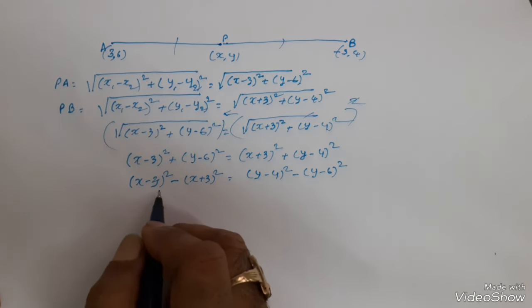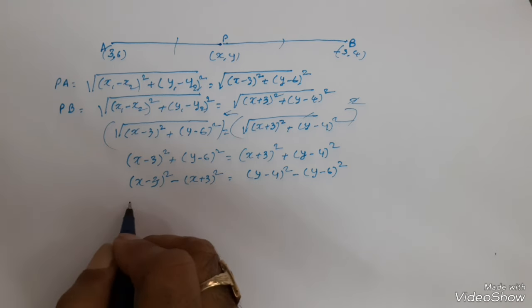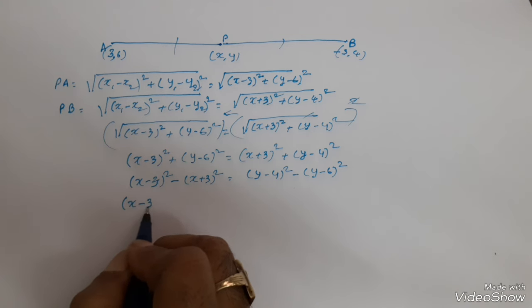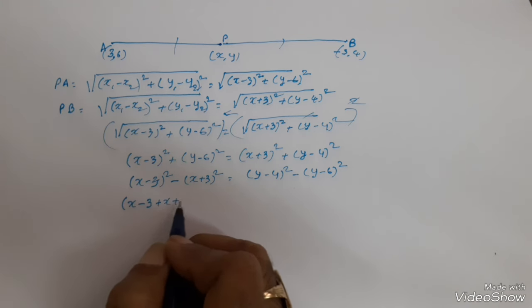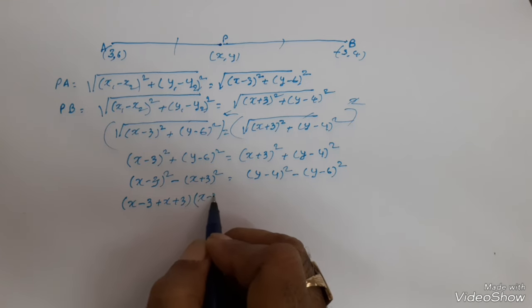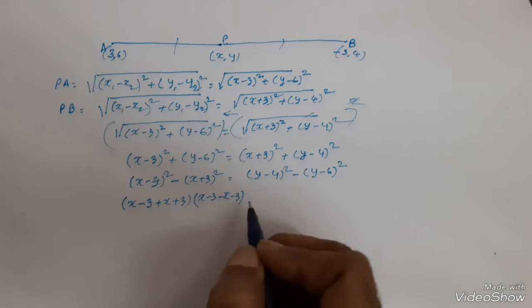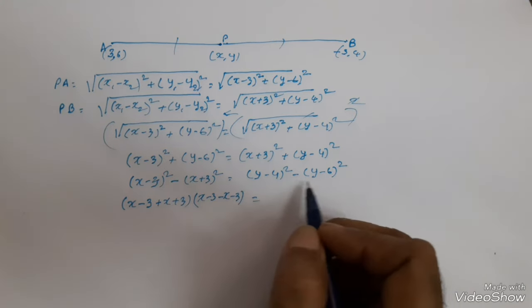Now this is in the form of a square minus b square. We can apply (a plus b) into (a minus b). Then a plus b means x minus 3 plus x plus 3, and a minus b means x minus 3 minus (x plus 3). This side also you apply like that.